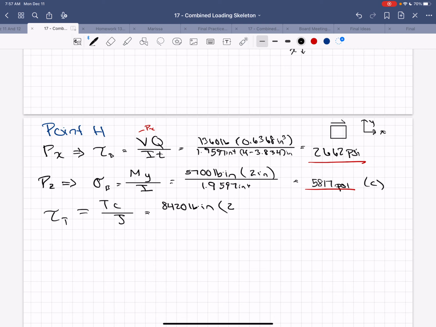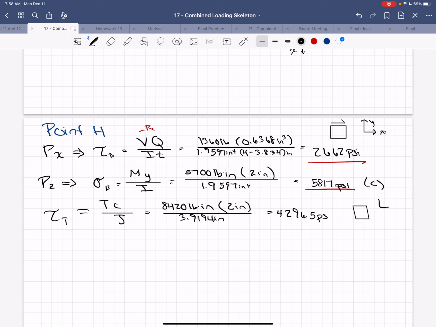The radius, C, is 2 inches, and J is 3.9194 inches to the fourth. So we get 4,296.5 psi.